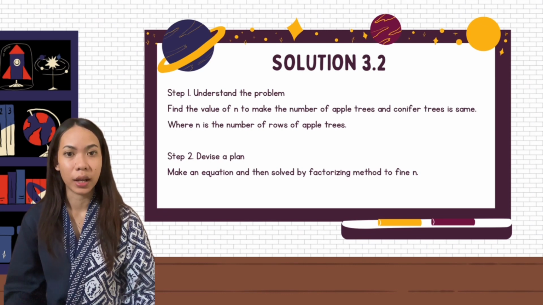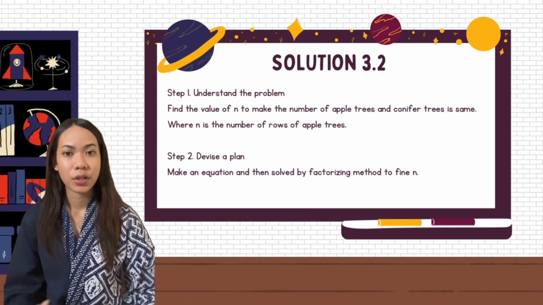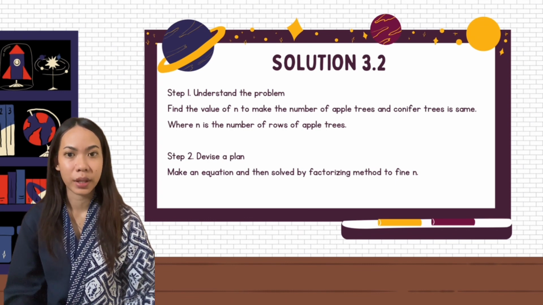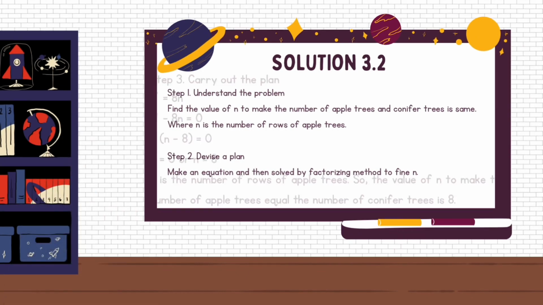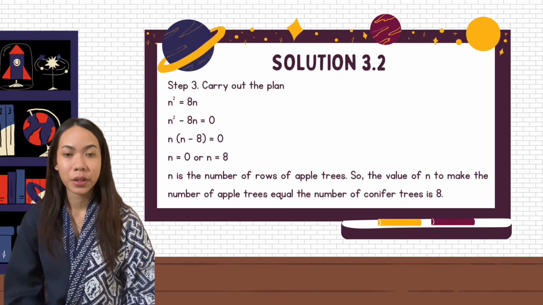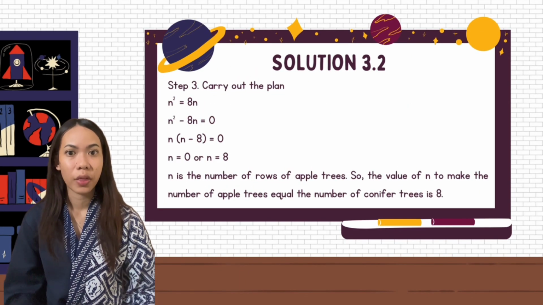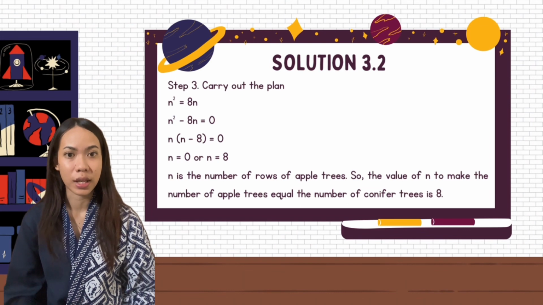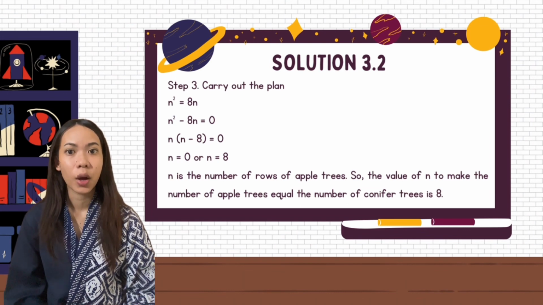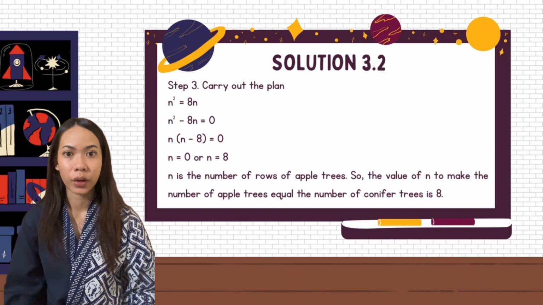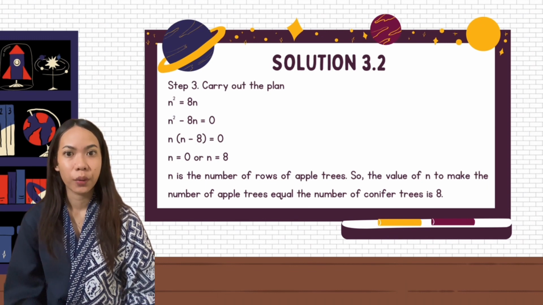We need to make an equation and then solve by the factorizing method to find n. Number of apple trees is n squared. Number of conifer trees is 8 times n. We need to make the number of apple trees equal the number of conifer trees. So we can write n squared equals 8 times n.